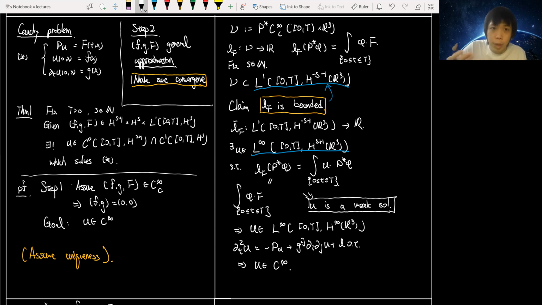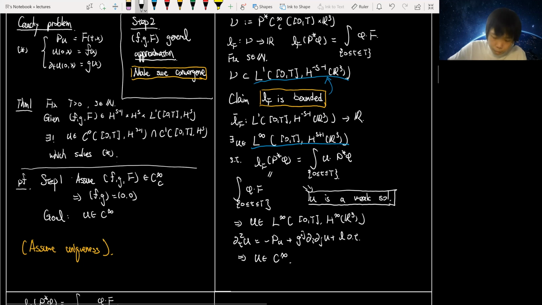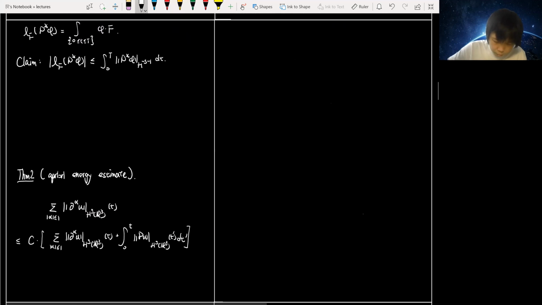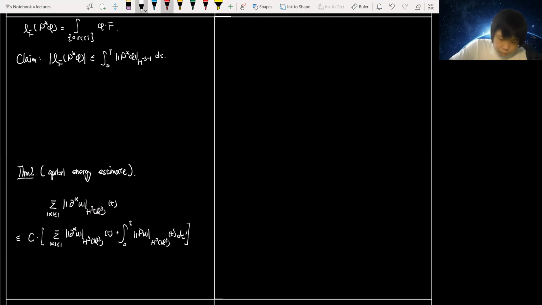All of these 3 can be resolved by a priori energy estimate. So here is the assumption of boundedness of LF.